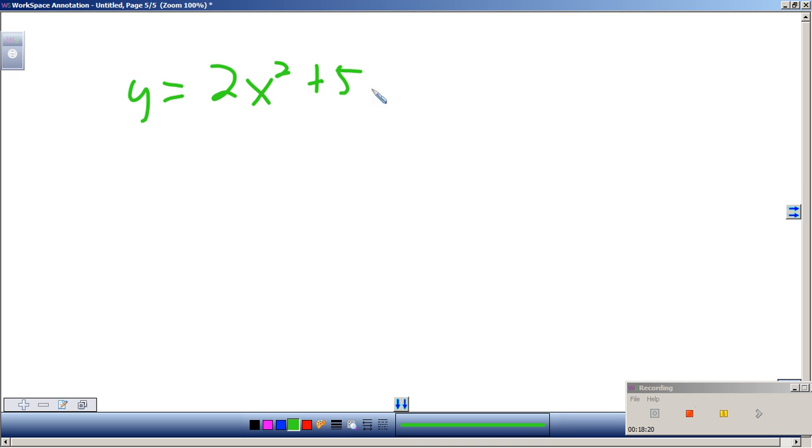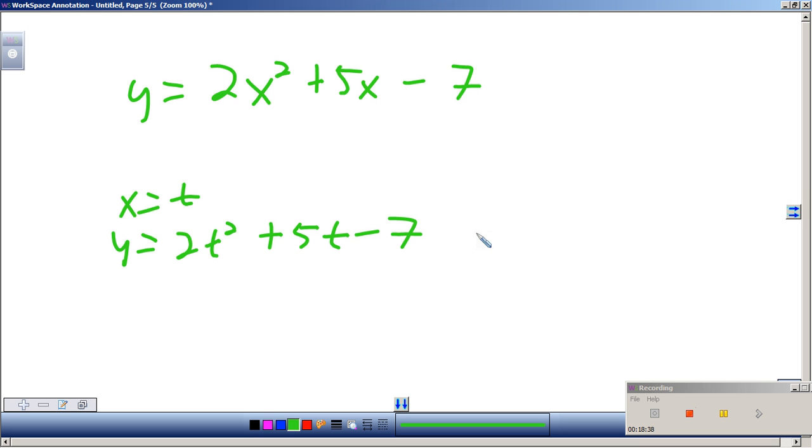So if we want to change this into parametric form, the easiest way to do it is this. x equals t, y equals 2t squared plus 5t minus 7. That's the easiest way to do it.